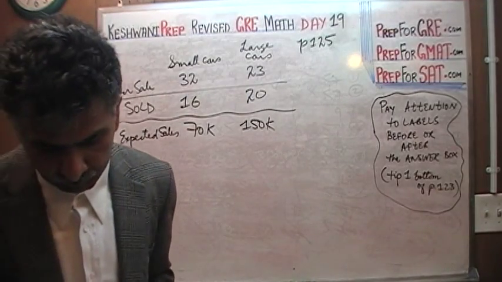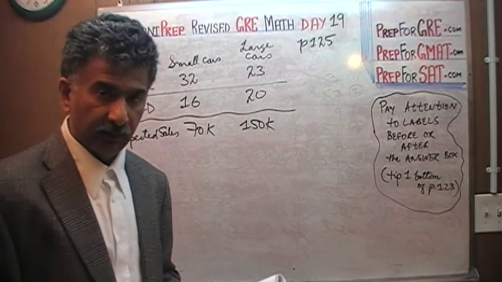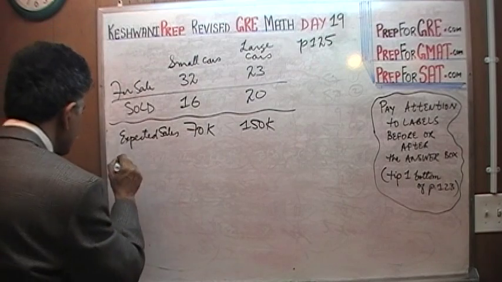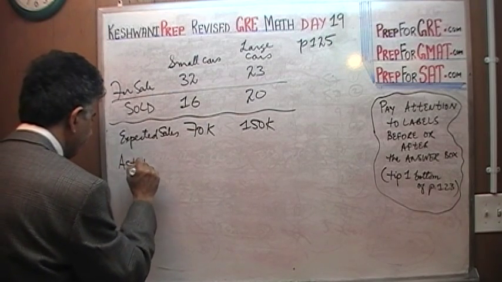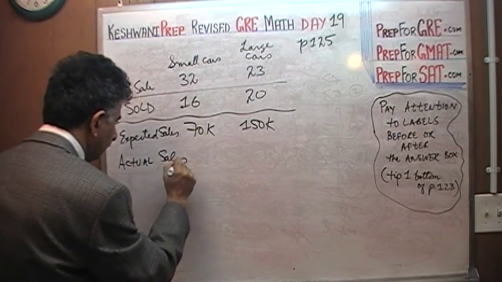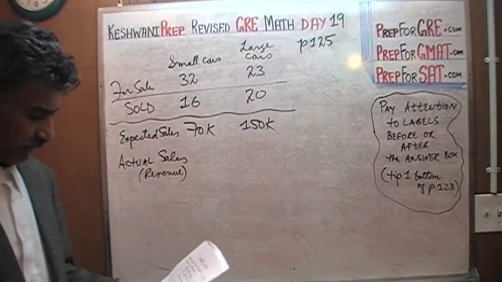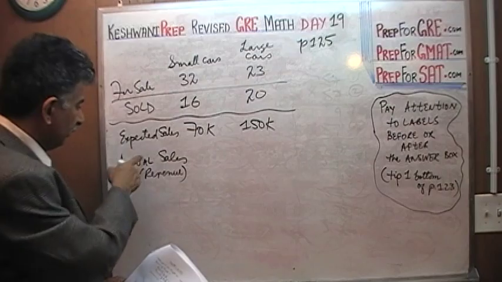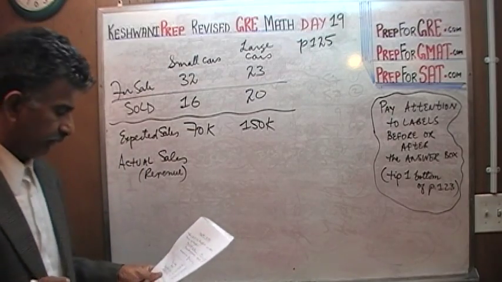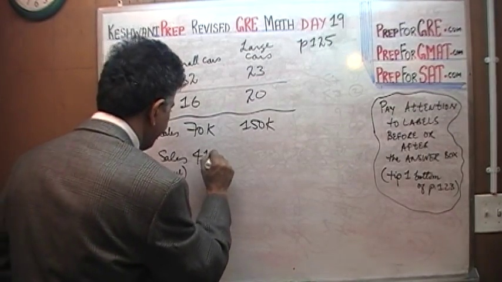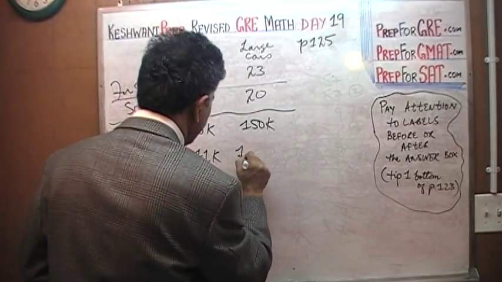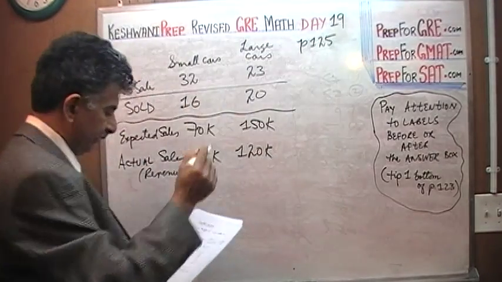I'm just reproducing the table that they're giving you. The actual sales, or actual revenue, whatever you want to call it, doesn't matter. This is the expected revenue. This is the actual revenue. It was 41K and 120K. That's the table that is given to us.